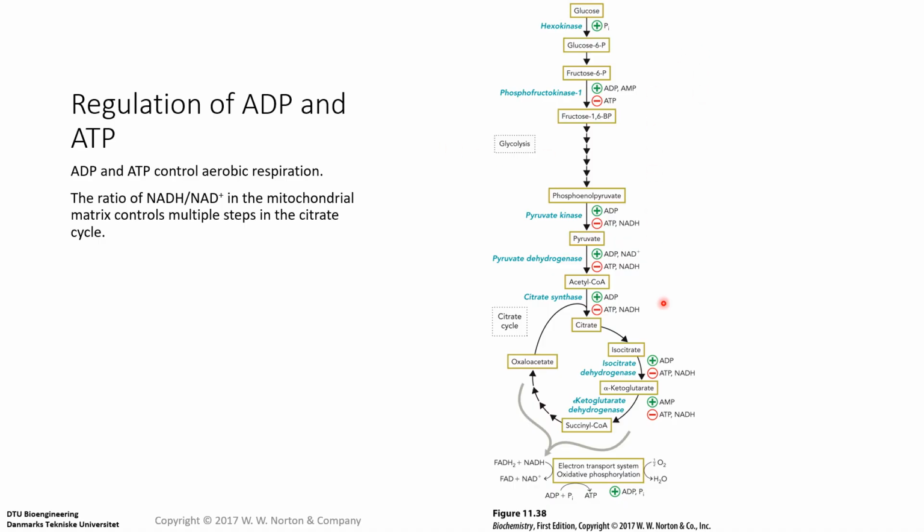The main story here is that ADP, a sign of low energy levels, induces the whole pathway. ATP is the contrary, it reduces the pathway. So with that concludes our discussion of glucose to CO2.